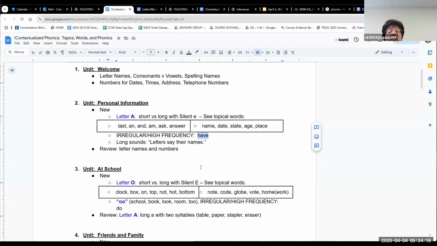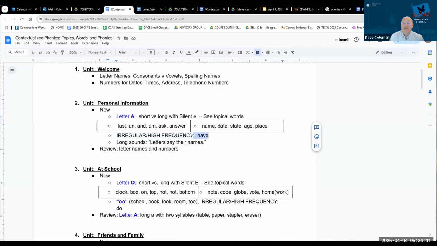No, not if you're following the silent E rule. What's the silent E rule? The silent E means that the vowel says its name. Oh, right. So if the vowel says its name, how do you pronounce that? Have. Yes, that's right. So we have to call out the irregular words.